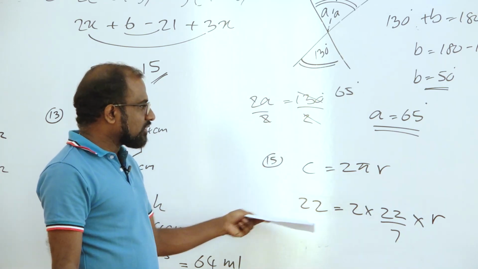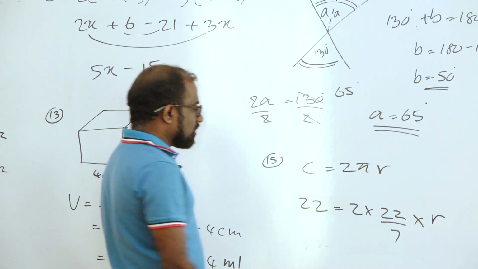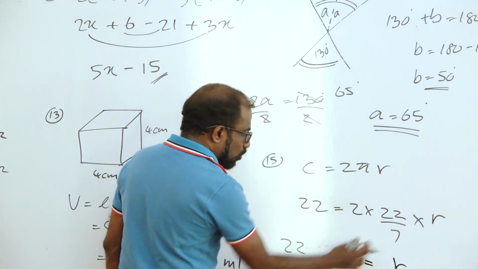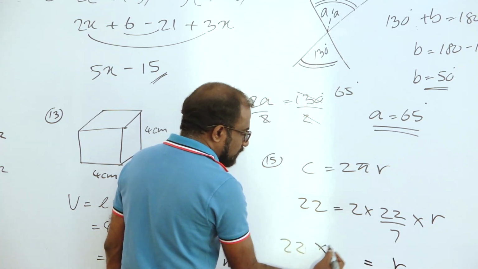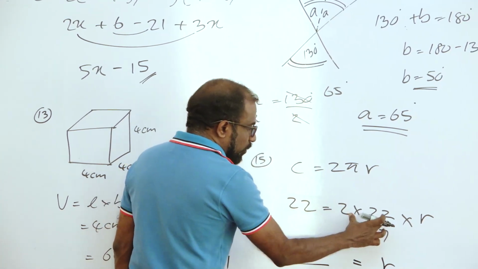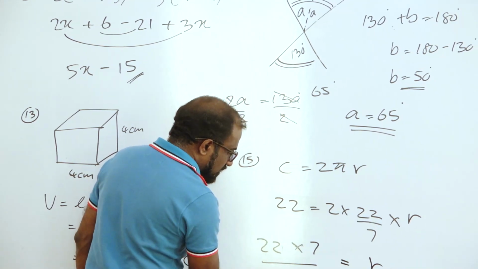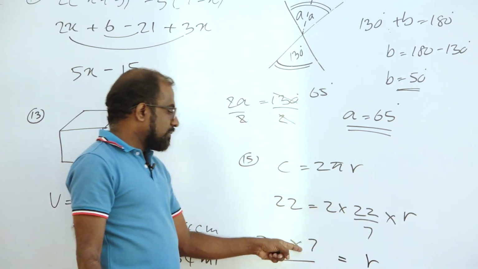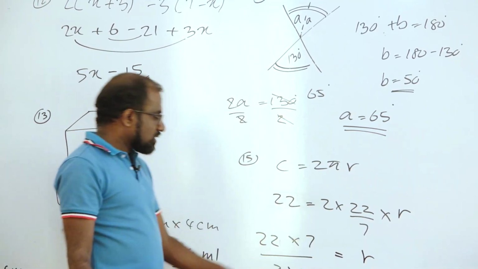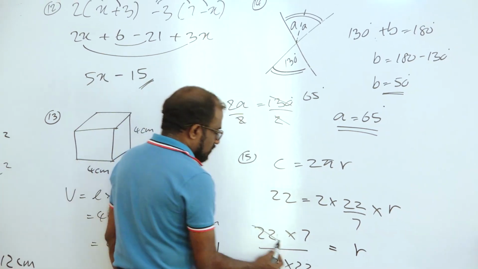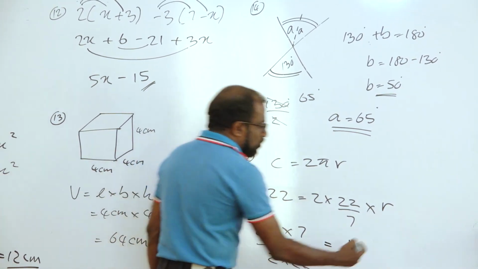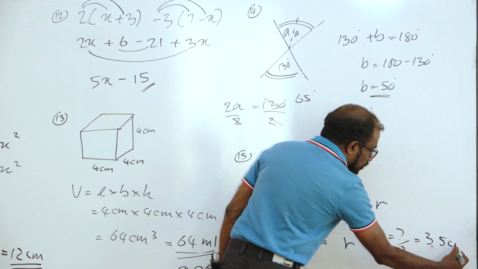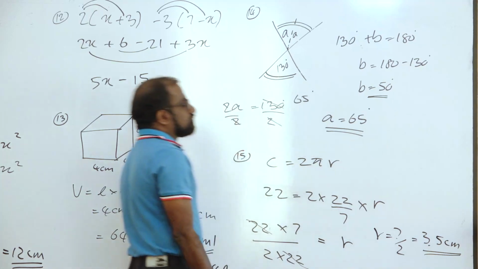Divide by 7 goes to the other side, multiply by 7. 2 times 22 goes to the other side to be divided. What's the answer? 22 cut off. Radius equals 7 over 2, that is 3.5 centimeters.